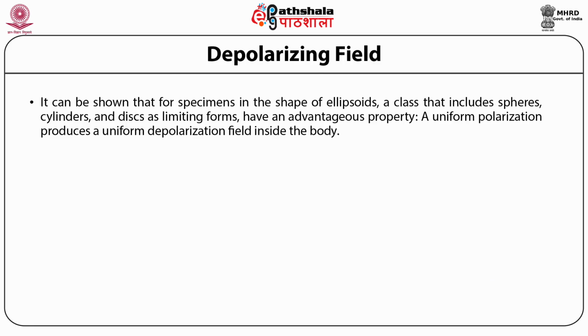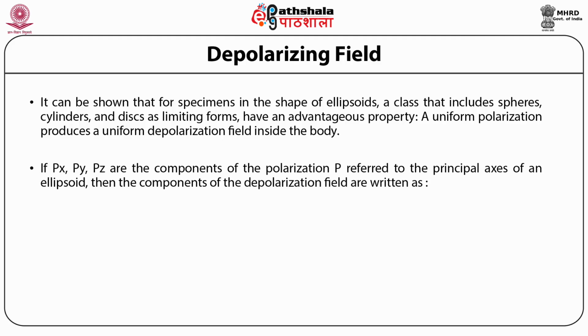It can be shown that specimens in the shape of ellipsoids, a class that includes spheres, cylinders, and discs as limiting forms, have an advantageous property. A uniform polarization produces a uniform depolarization field inside the body.